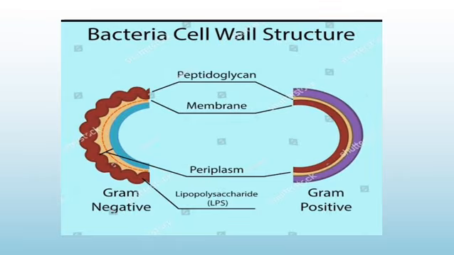In addition, in gram negative bacteria, we have another membrane outer to the peptidoglycan region called the outer membrane, which is absent in gram positive bacteria. So this is the primary differentiation between gram negative and gram positive bacteria.